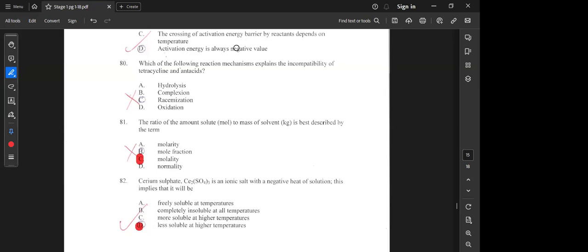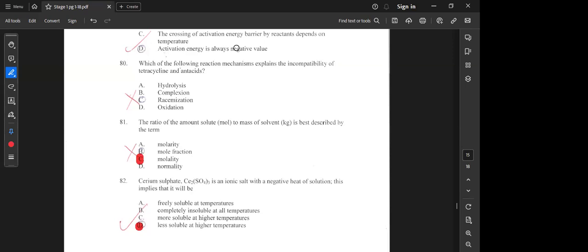Which of the following reaction mechanisms explains the incompatibility of tetracycline and antacid? What do antacids do to tetracyclines? Why should you not take the two combined? It is complexation.